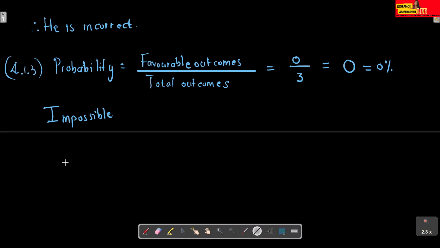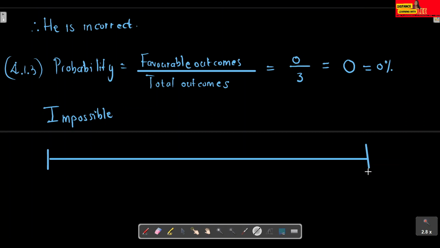For example, you had 0, you had 1, you had 0.5, which stands for the 50% chance. If you get 0, that means it is impossible for something to happen. If you get 1, or 100, it means it's certain, it will definitely happen. If you get 0.5, there's an even chance of that event happening.